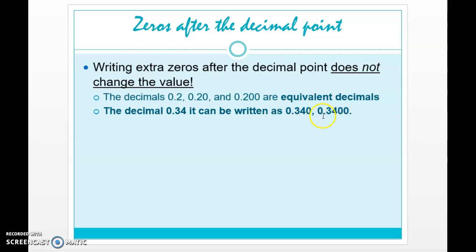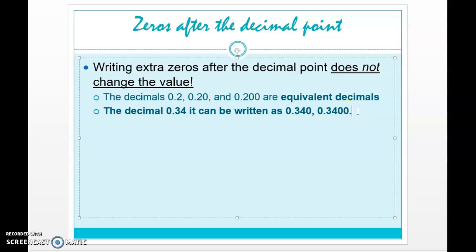The next one, 0.3400, I've added 2 zeros. So, in essence, we say these decimal numbers are equal because the zeros do not change any value.